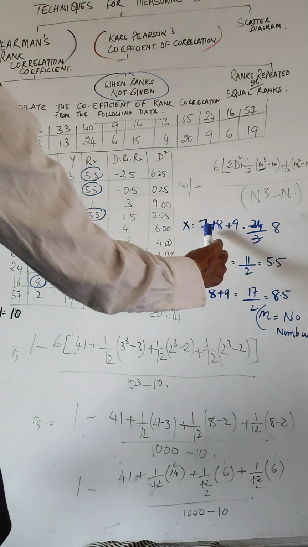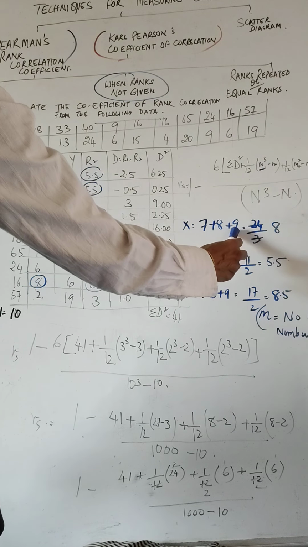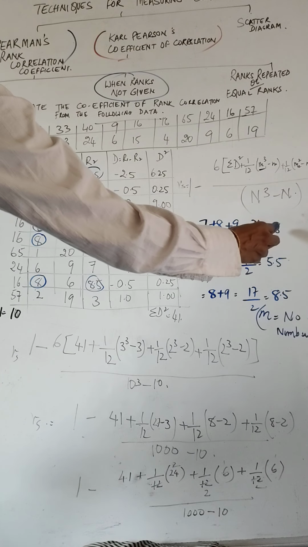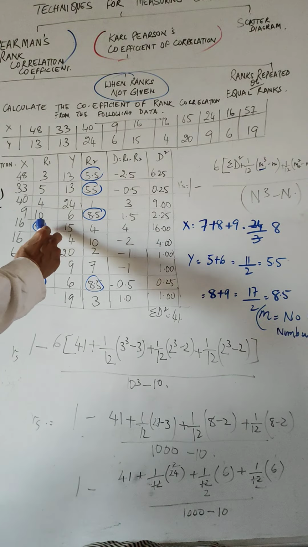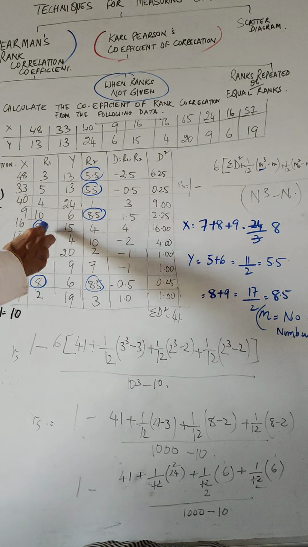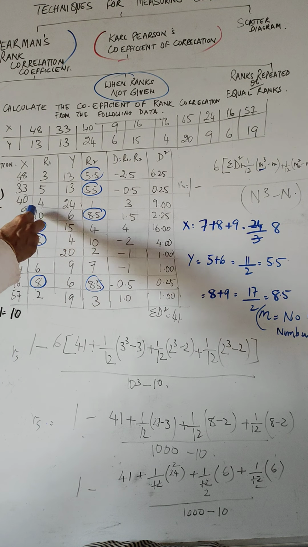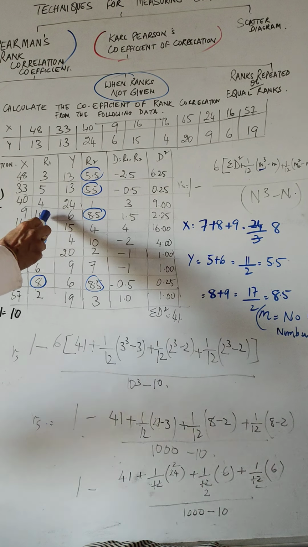So we take the 7th plus 8th plus 9th rank, which is 24, divided by 3. We take the average, and what we get is 8. So for all 3, we put 8. Till 9 is done, and the last value becomes the 10th rank.